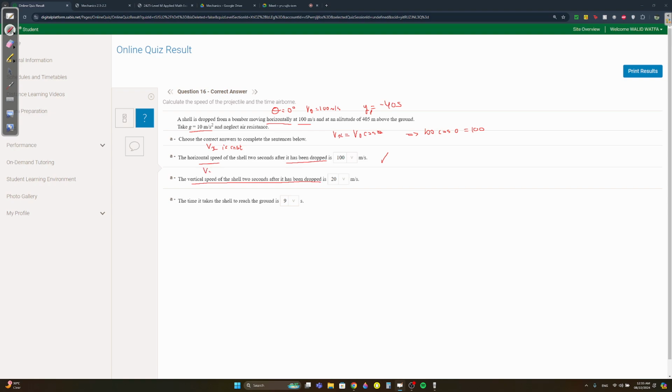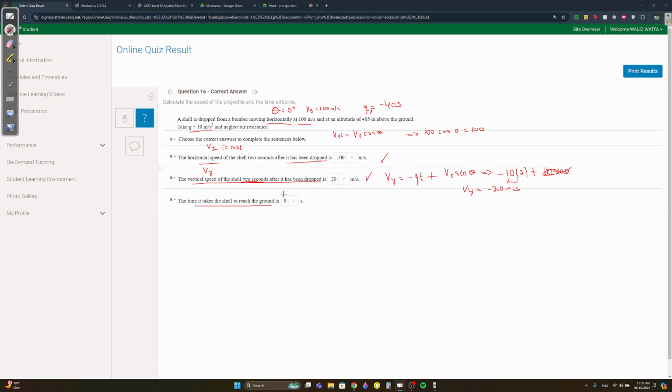The vertical speed Vy, at the instant that it was dropped, was 0. Well, we don't care about that. We're saying now 2 seconds after it has been dropped. You should know Vy is minus gt plus V naught sine theta, right? Minus 10 times 2 plus V naught sine theta, which is 100 sine 0, which is just 0. And so you get Vy is minus 20 meters per second.